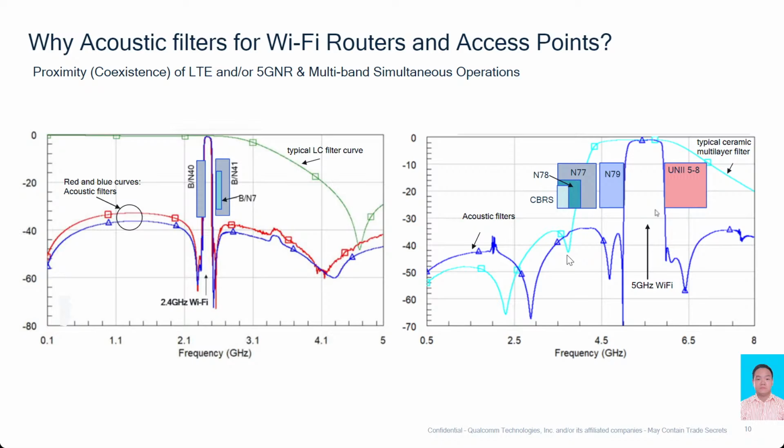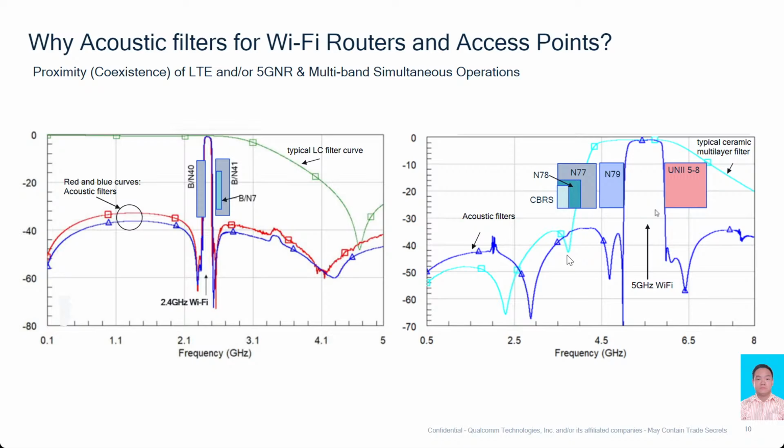So if you're operating your 2.4 gigahertz Wi-Fi, in some cases even Bluetooth, you need a really strong filter to protect the Wi-Fi signal, and vice versa. But in particular, with the high power LTE signal or 5G signal, you want to protect your Wi-Fi. The filters that we offer in our portfolio do that, and I'll go through that real quickly in a moment.